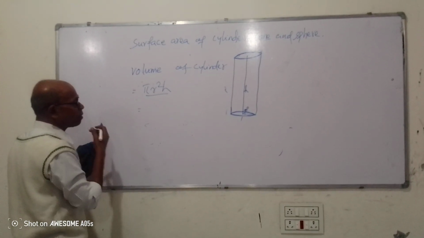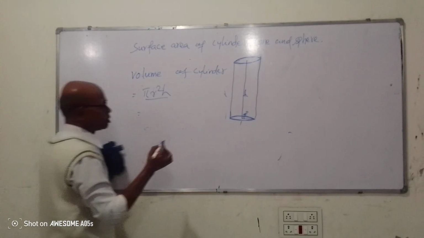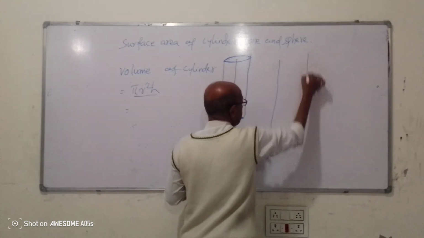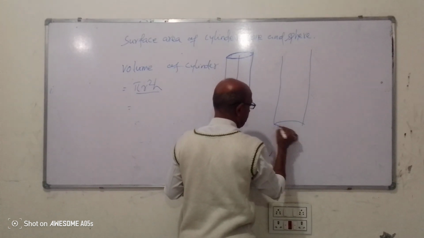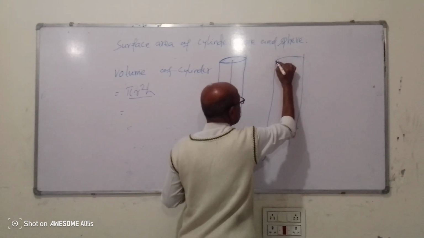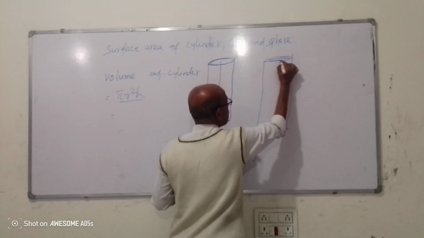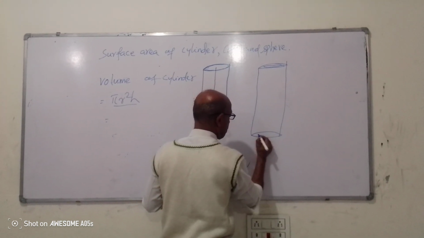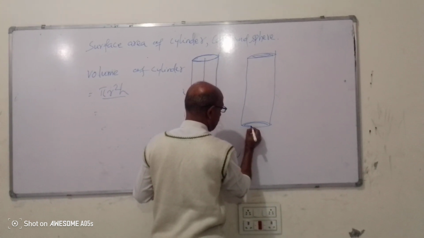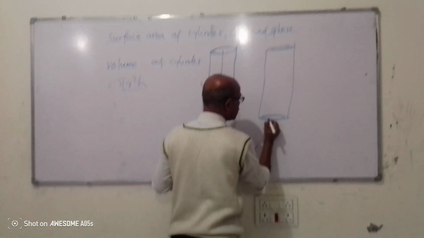Now if it is a hollow cylinder, then in order to find the volume, we have to consider two radii. So there is the thickness of the metal.